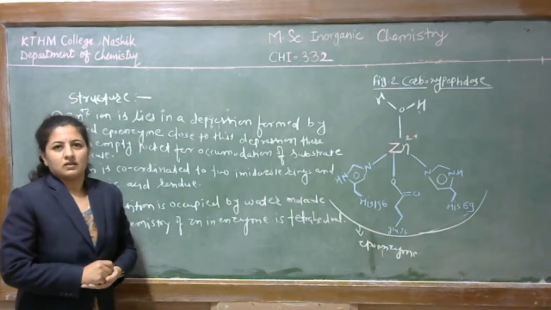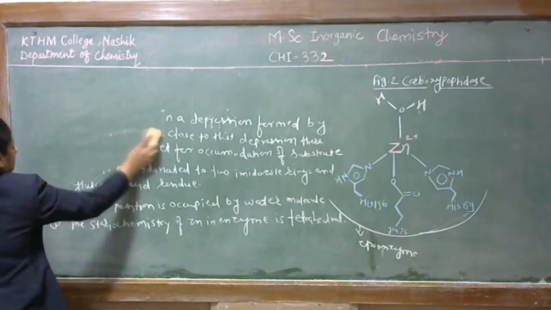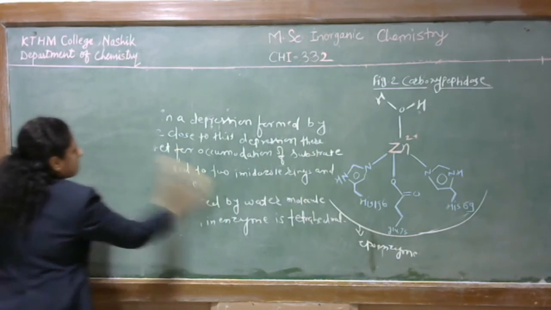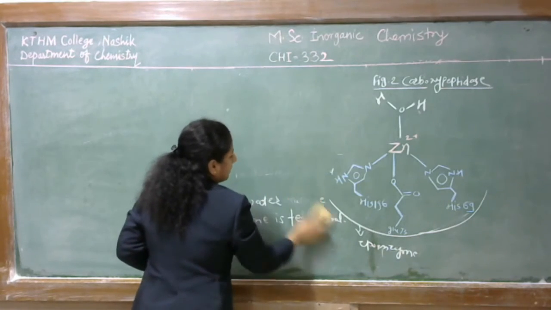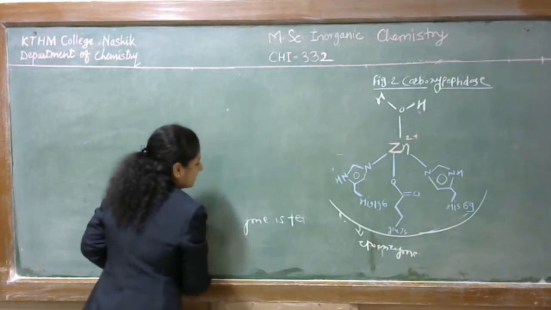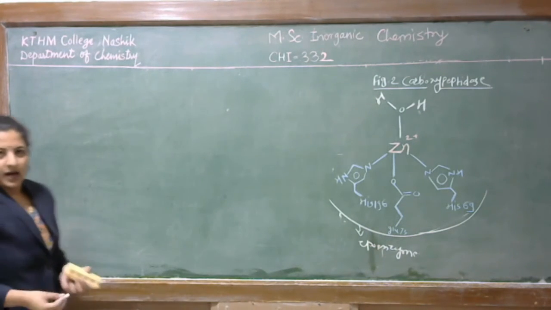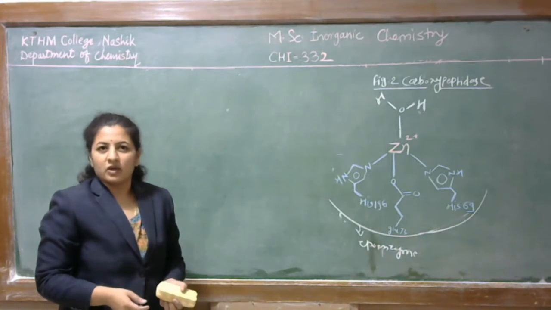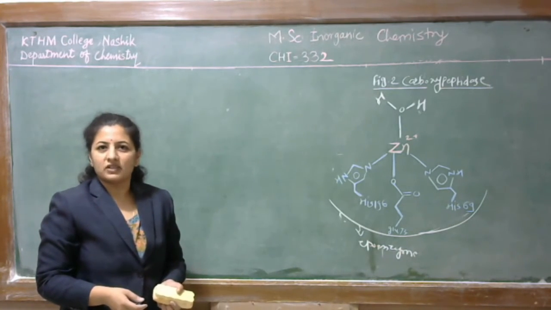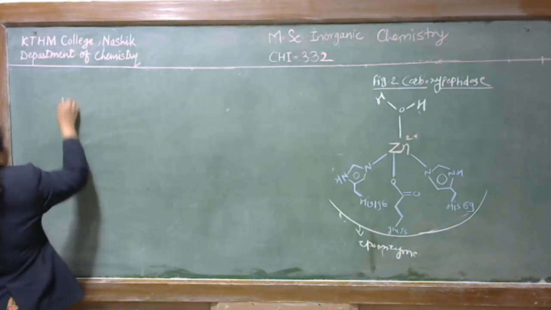Let's discuss the reaction of carboxypeptidase. It can hydrolyze those polypeptides in which the terminal amino acid has an aliphatic branched-chain alkane or aromatic group. So let's discuss the reaction.